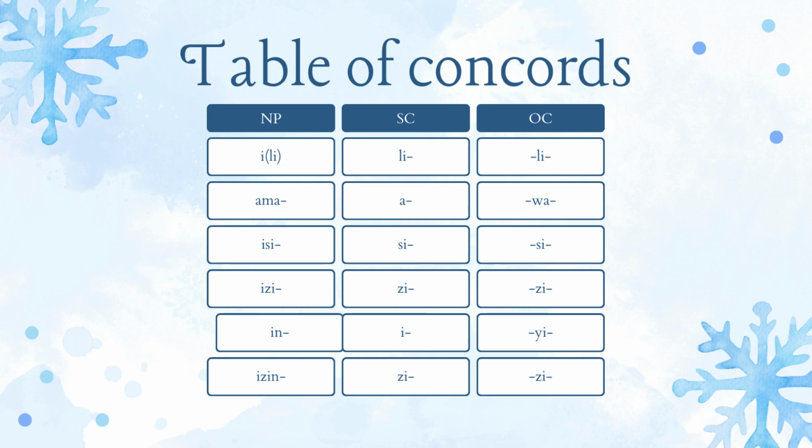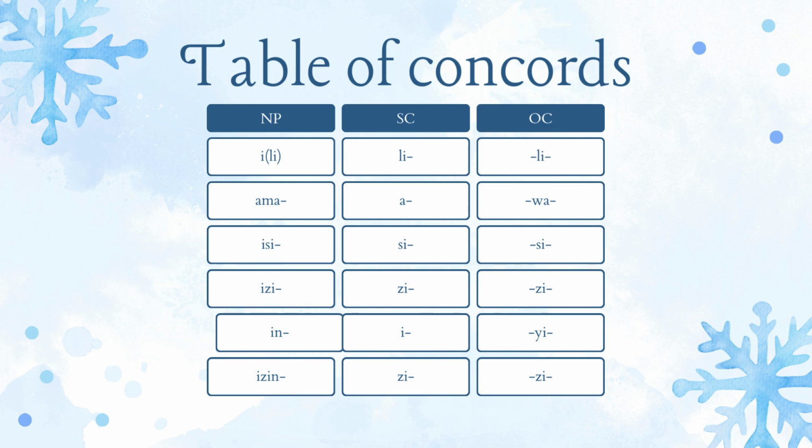I or ili has li as a subject concord and li as an object concord. Ama has a as a subject concord and wa as an object concord. Isi has si as a subject concord and si as an object concord.